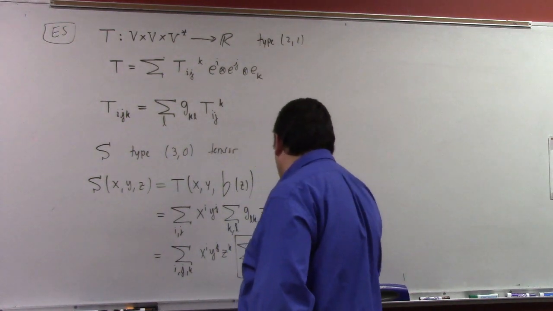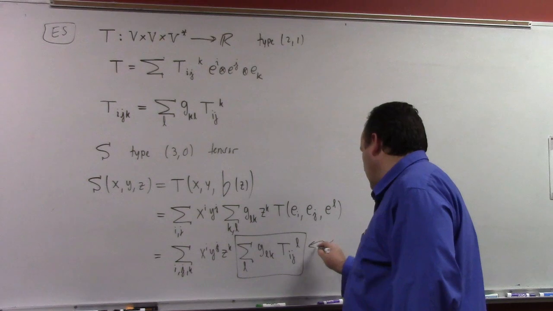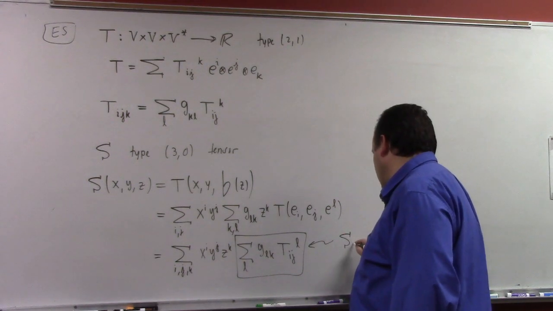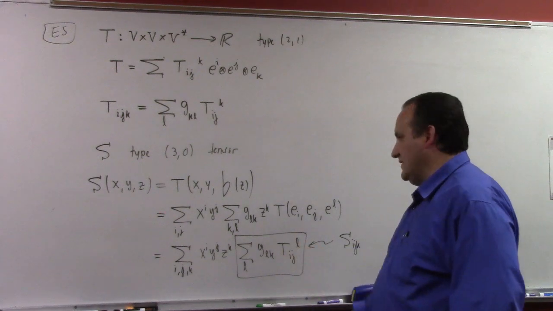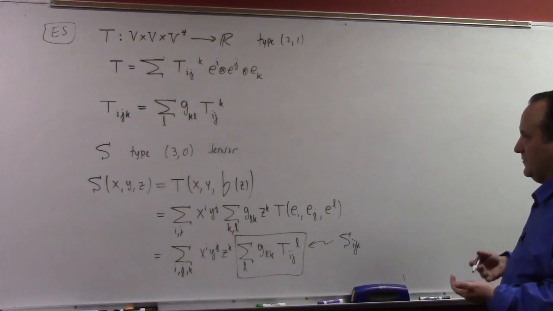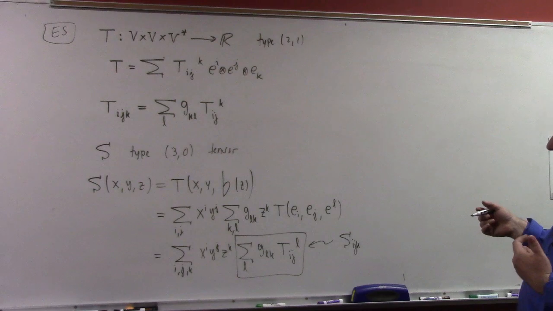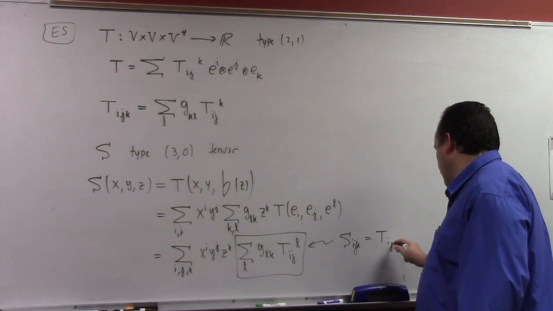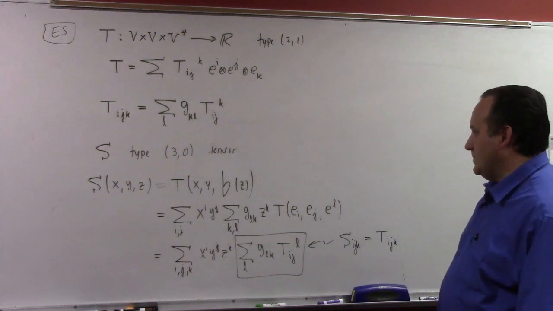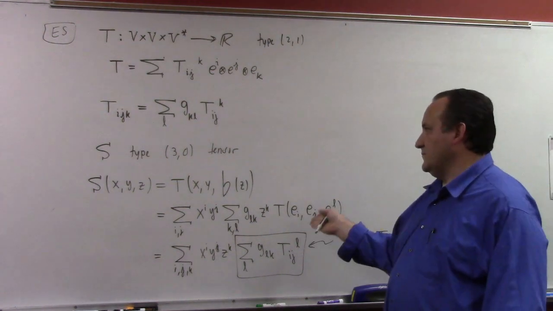And that, whatever goes right there, should be the meaning. That has to be what S_{ijk} is. That's what I claimed T_{ijk} would be, right? It's just like the contraction with, yeah.